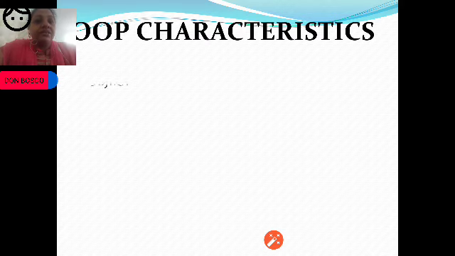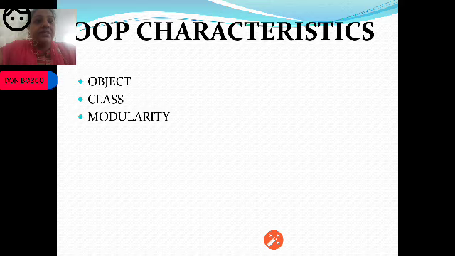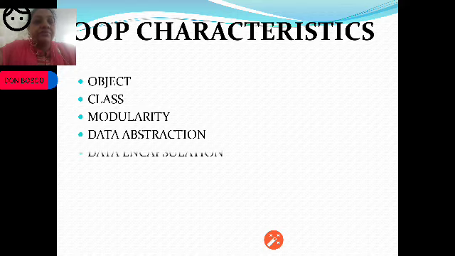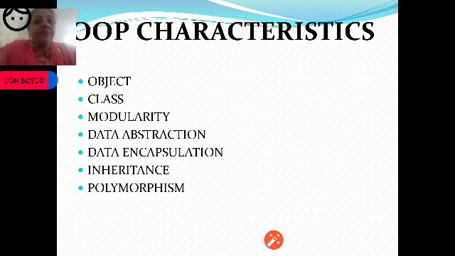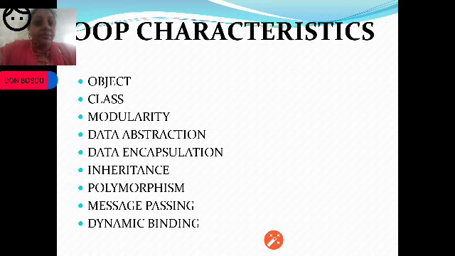So let us start, or let us have a recap of what we studied in the previous class, that is object oriented programming characteristics. That is, we learned about object, class, modularity, data abstraction, data encapsulation, inheritance, polymorphism, dynamic binding, and message passing.